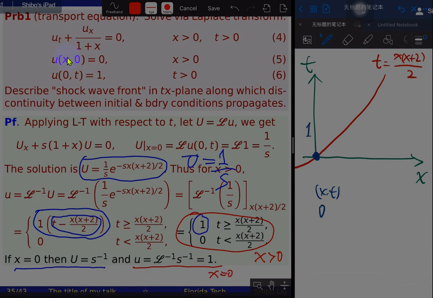But u is 0 on the x-axis by the initial condition. So this means that our u is discontinuous at the origin.